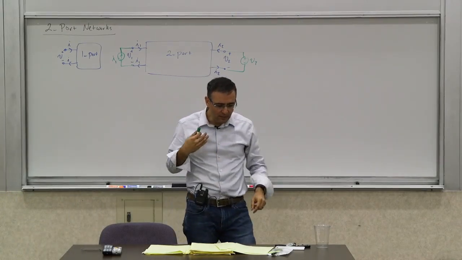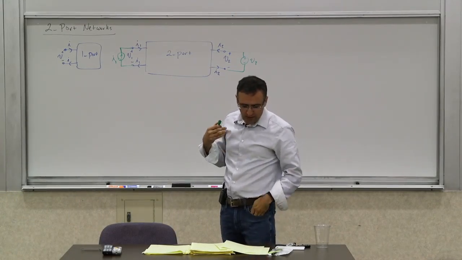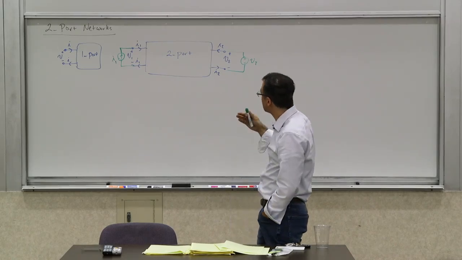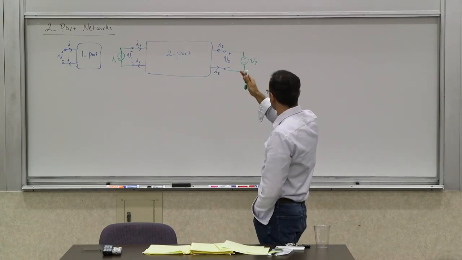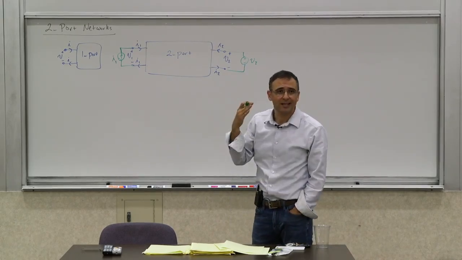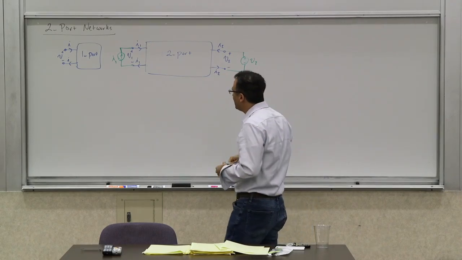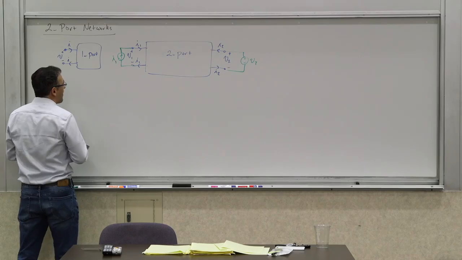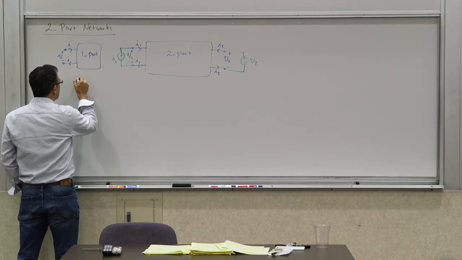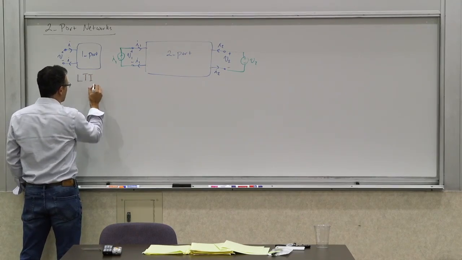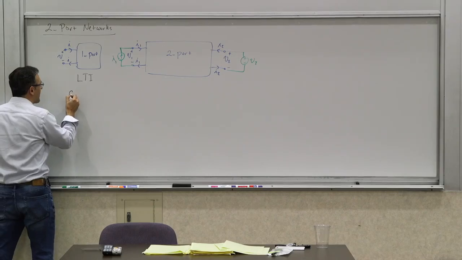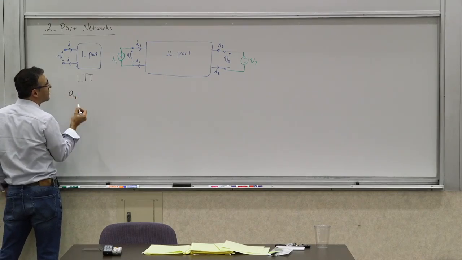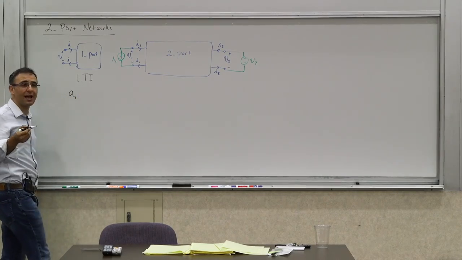Now, there are different ways to think about two ports, and it's a way of breaking up the circuit, because these are what we sometimes call sub-circuits. If the circuit is linear time invariant, so you're talking about LTI circuits, you can think about a linear combination of these currents and voltages having a general relation.